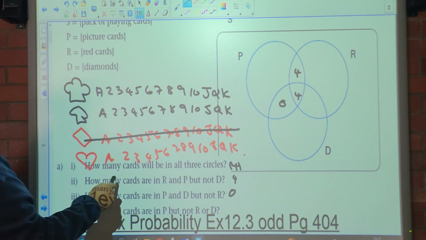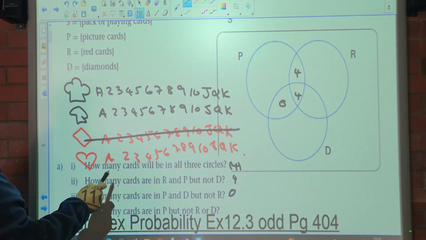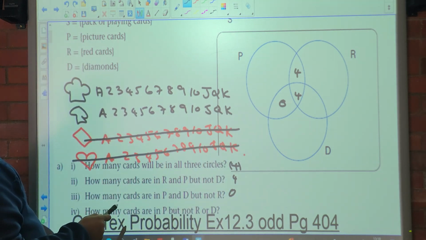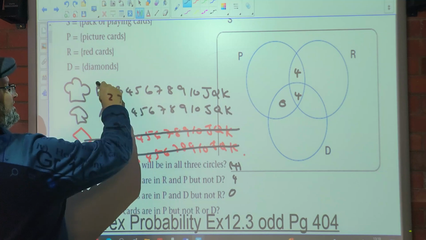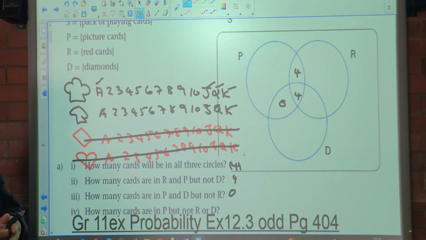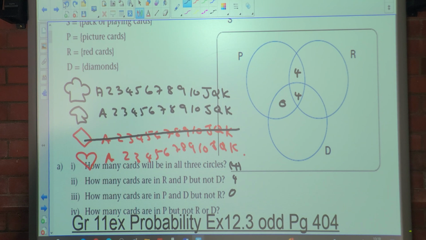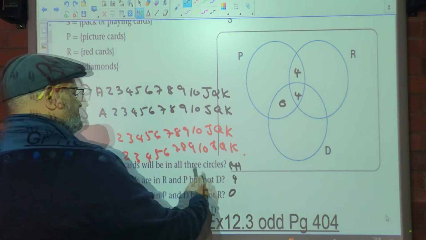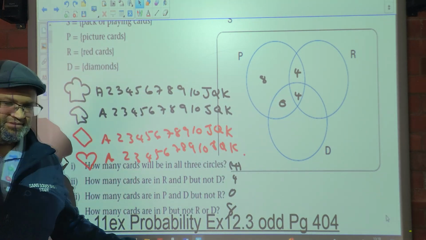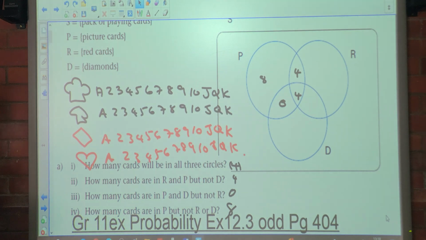You're cutting out R, which is red, and it must be a picture card. So how many picture cards are here? 1, 2, 3, 4, 5, 6, 7. So there's 8 picture cards there. You understand, people? So it's going to be 8. Let's check if that's correct.